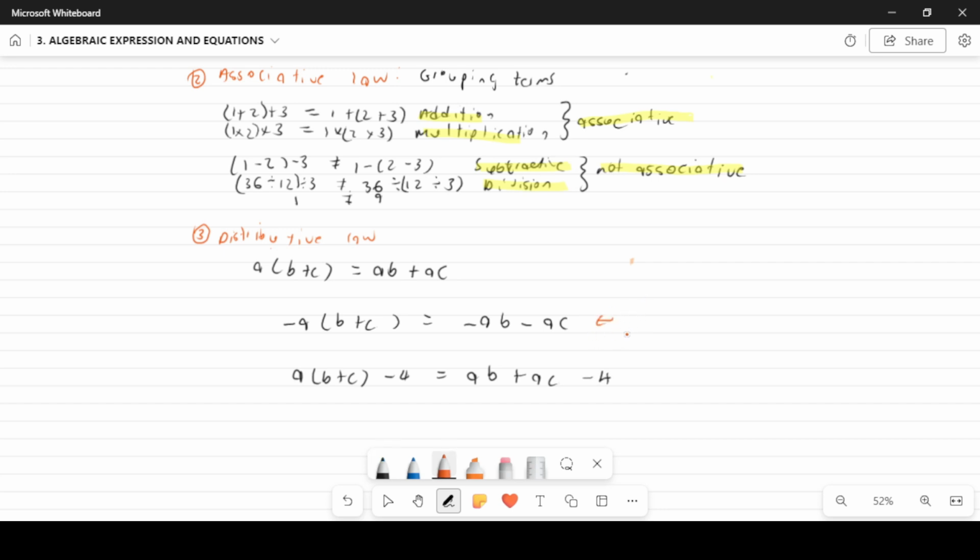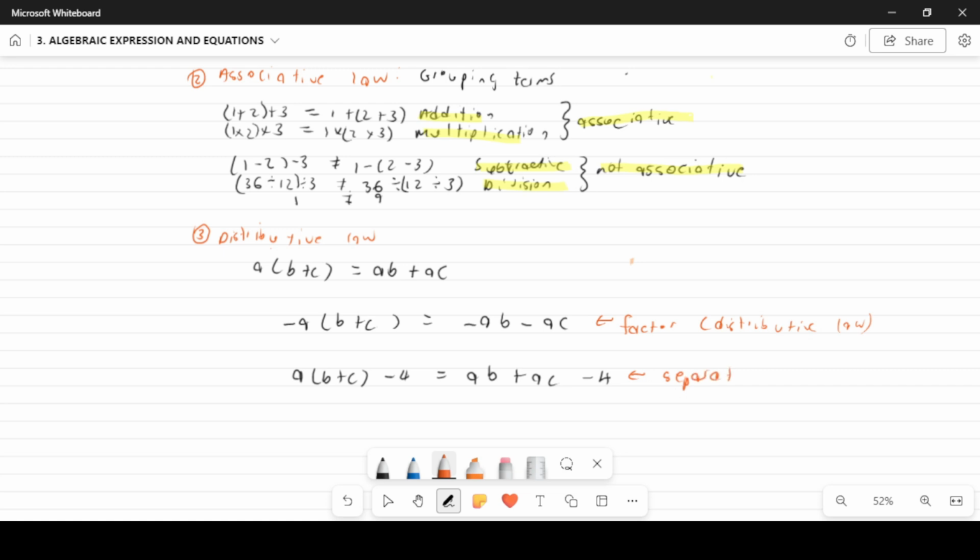Here we have to utilize the distributive law because the minus sign is to the left of the bracket. If the minus sign is to the right of the bracket, here it acts as a separator. So here it's a factor, it needs to go into the bracket, so you use the distributive law. And here it acts as a separator.